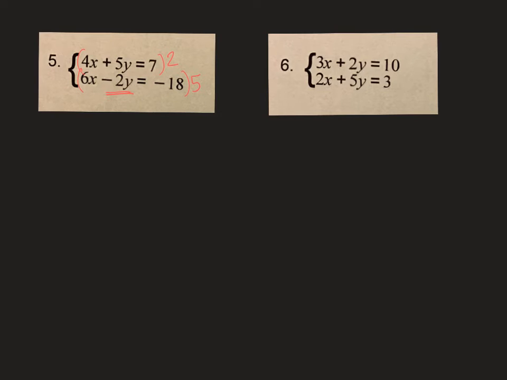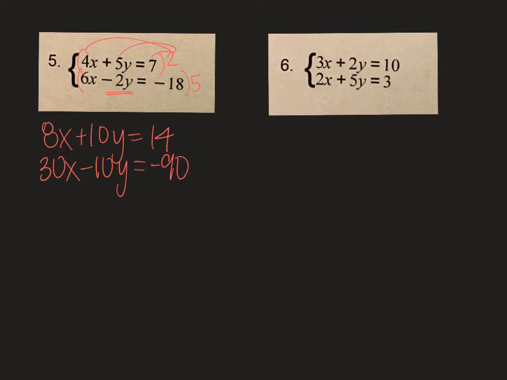Okay, so we multiply everything in the first equation by 2, which is going to give us 8x plus 10y equals 14. We multiply everything in the second equation by 5. So 30x minus 10y equals negative 90.